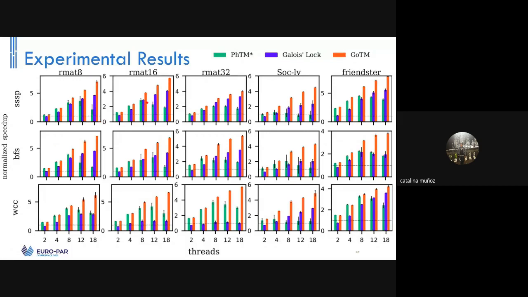You can see that for all of the cases, in all of the workloads, our approach shows the best performance. We see that the green one, which is PHTM star, doesn't scale beyond 8 threads of execution. And we see that Galois does scale, but it is mainly outperformed by our approach.